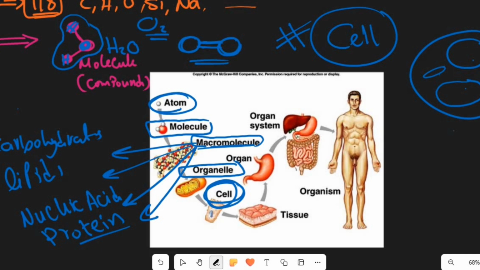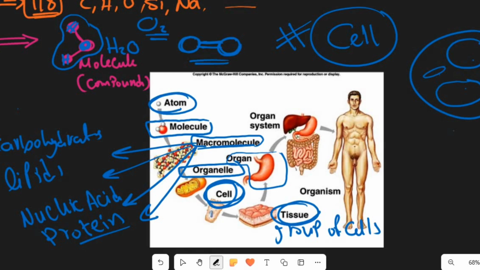And by joining more than one cell, we can make tissue, which is a group of cells. And more than one tissue can be organized in some way to form something which is called an organ, like stomach, like liver, like pancreas, all of those things.